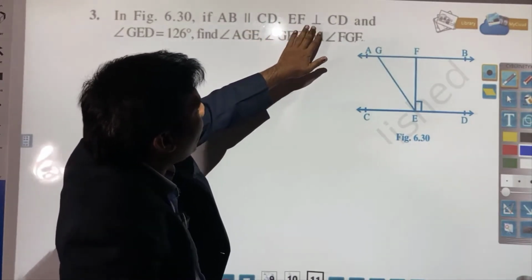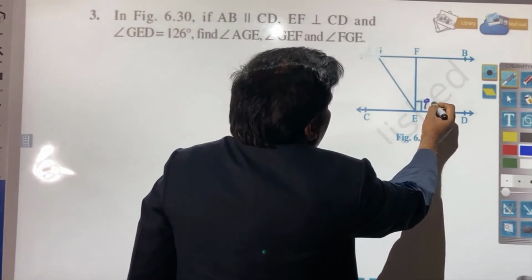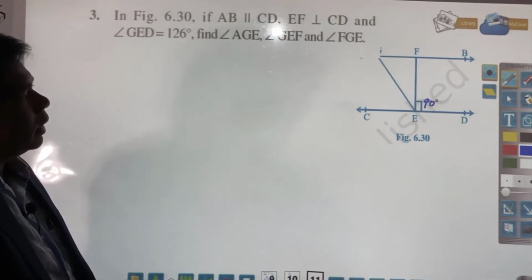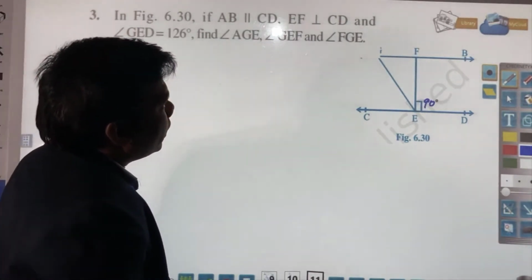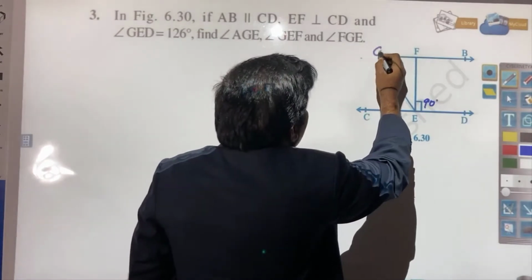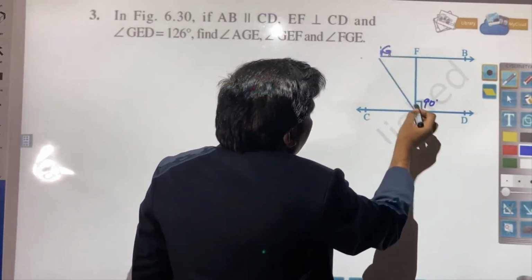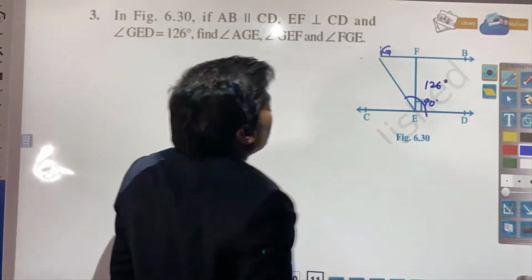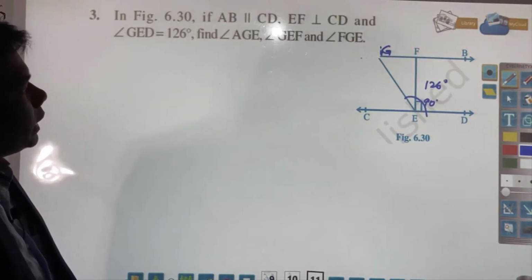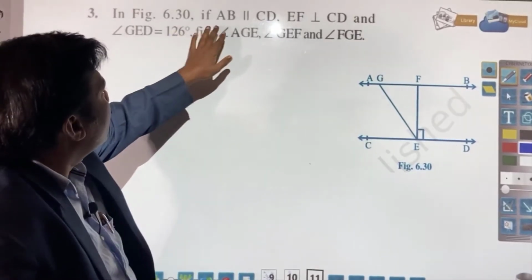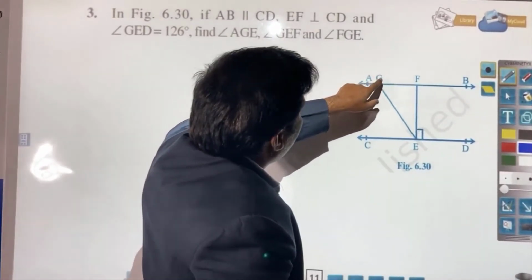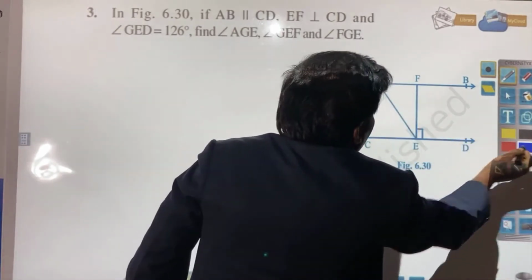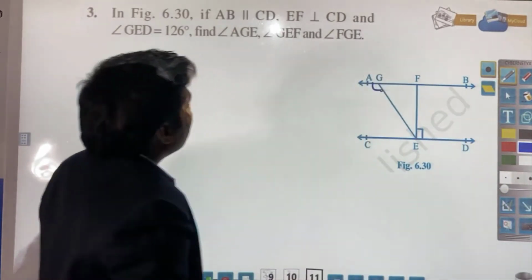EF is perpendicular on CD, means this is 90 degree, and GED is equal to 126 degree. Here you see you have GED, this is G. So this GED angle has been given 126 degree. So you need to find out AGE. This angle you have to find out.